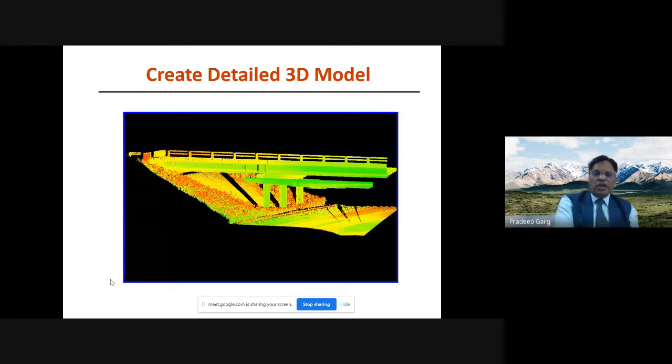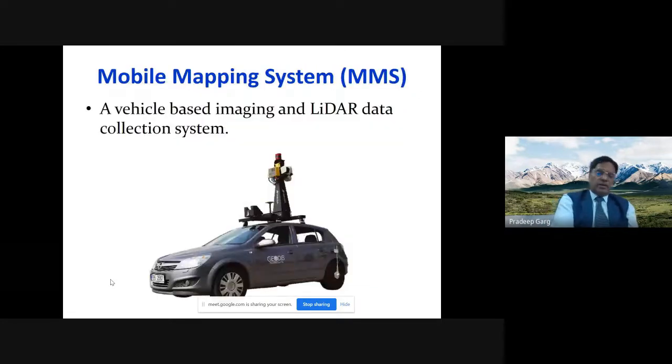So you can create a very high resolution 3D model of the object which is in front of you. And suppose your area is large. This is a mobile mapping system, what we call MMS. If the area is large, you have the technology available today where you have an entire mobile lab.